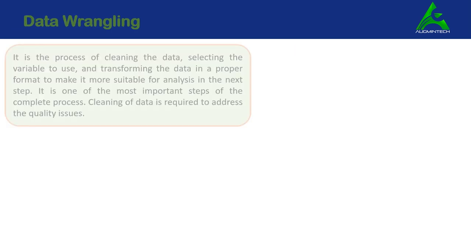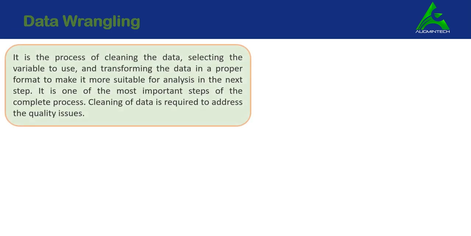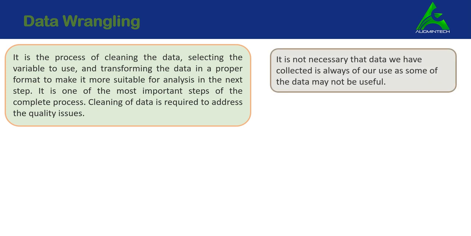Next, let's move to the next step, that is data wrangling. It is a process of cleaning the data, selecting the variables to use, and transforming the data in a proper format to make it more suitable for analysis in the next step. It's one of the most important steps of the complete process, and cleaning of data is required to address the quality issues. Whatever data has been collected may not be useful data.